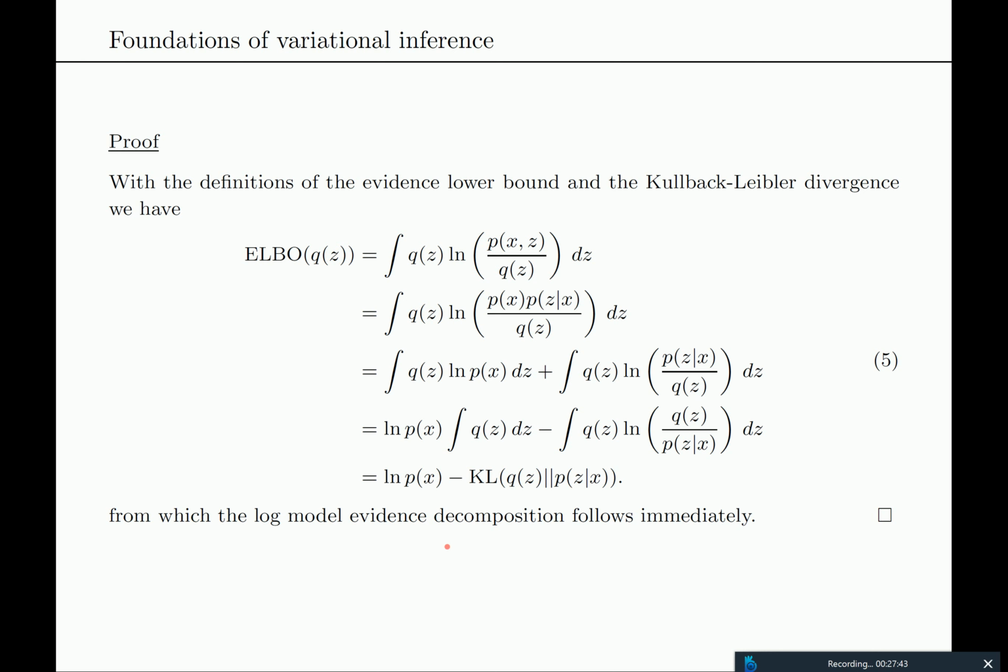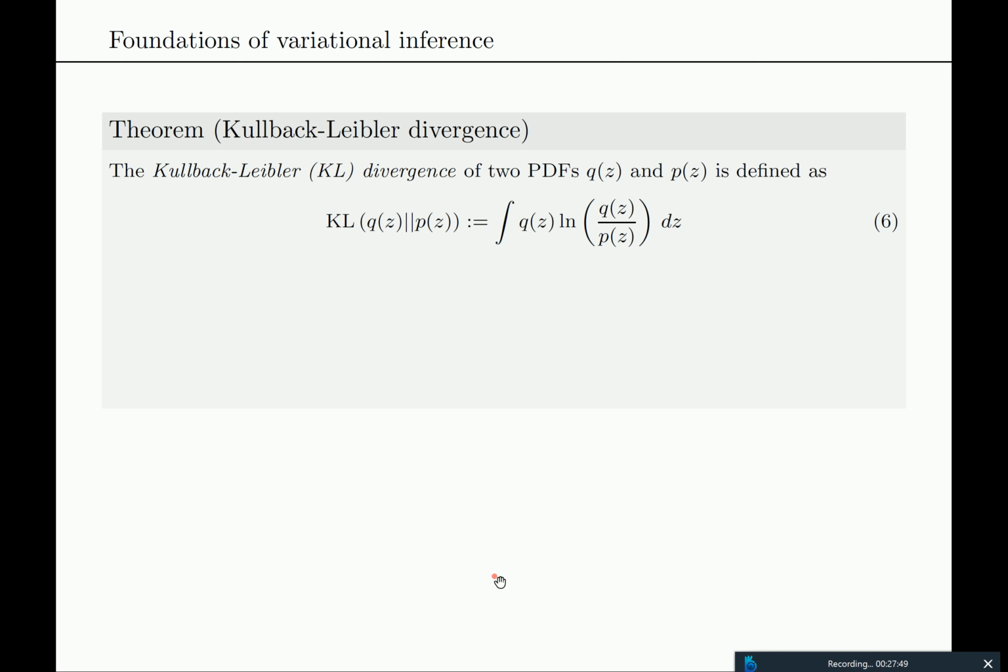Anyway, maybe before we look at this, let's have a look at the Kullback-Leibler divergence. Who has seen the KL divergence? Okay, so the KL divergence is between two PDFs, Q(z) and P(z), and these are arbitrary. It's general, and in the case that we are looking at, it is defined like that.